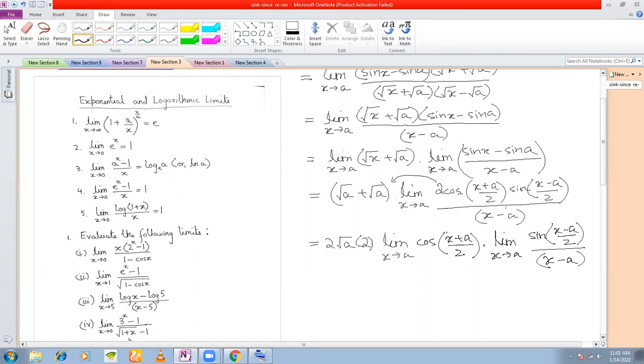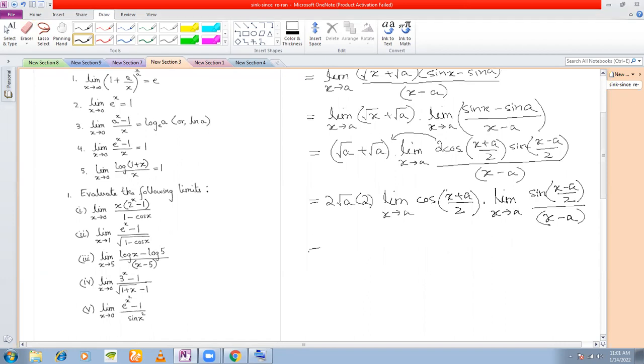And now you have 4 root a into, now here if you put x is equal to a in limit x tends to a cos (x plus a) by 2, you get cos (a plus a) by 2. Into limit, now we are going to bring this to the form.